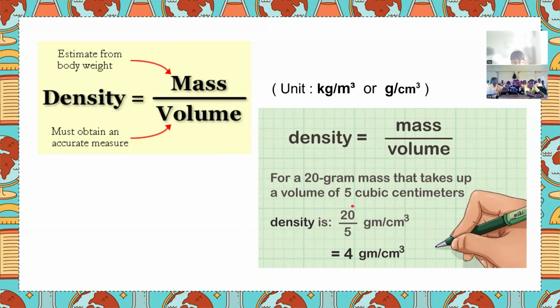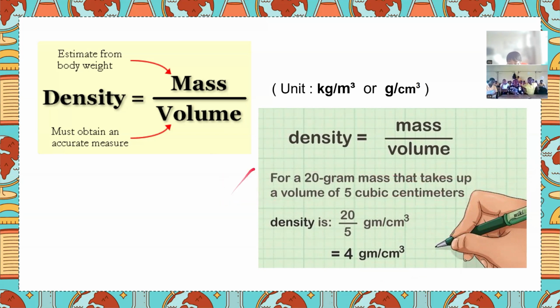You divide 20 by 5, and the answer is 4. And then here, the unit is grams per cubic centimeter. So 4 grams per cubic centimeter. That's how you would find the density.